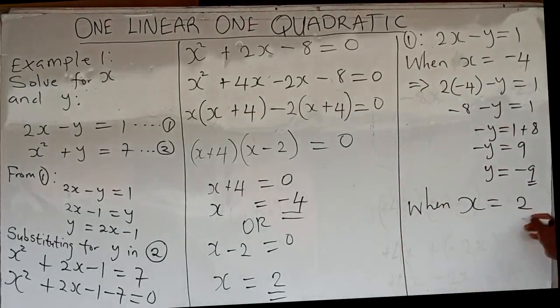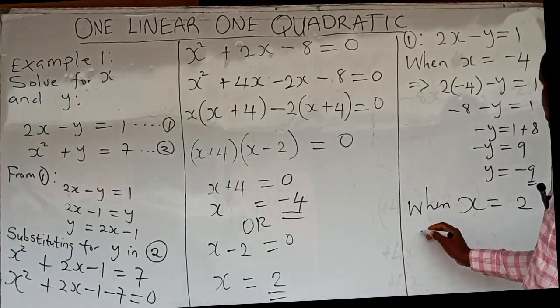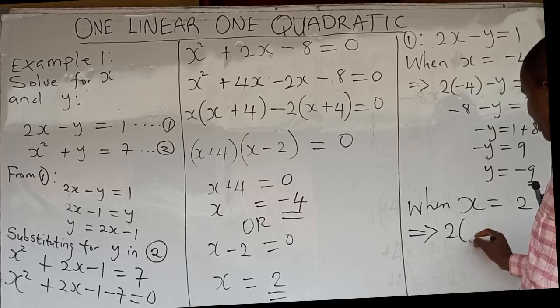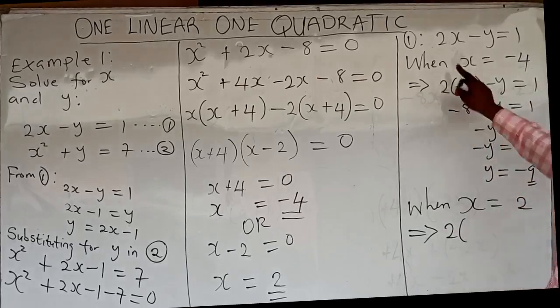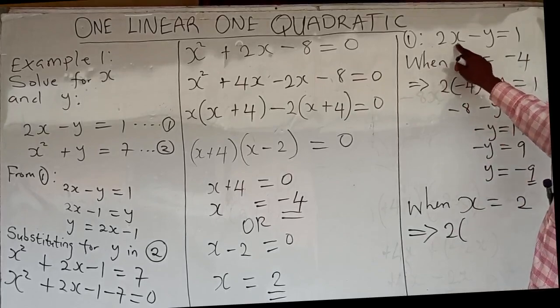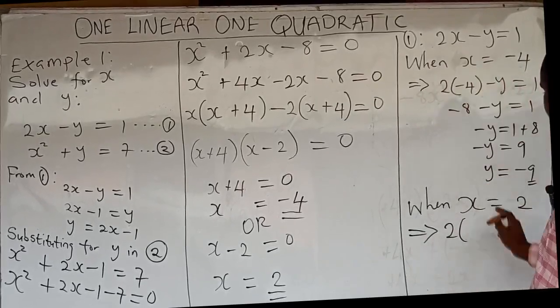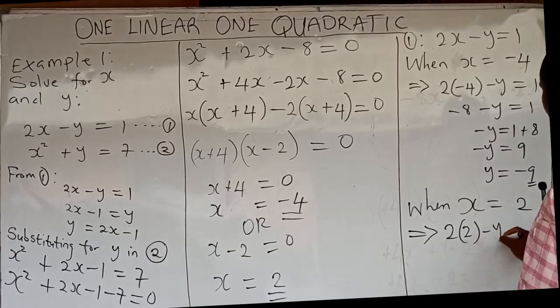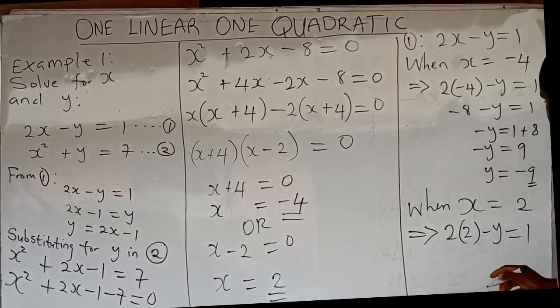When s is equal to 2, I go back to equation 1, 2 bracket x. So instead of writing x now, I will write 2, then minus y equal to 1.